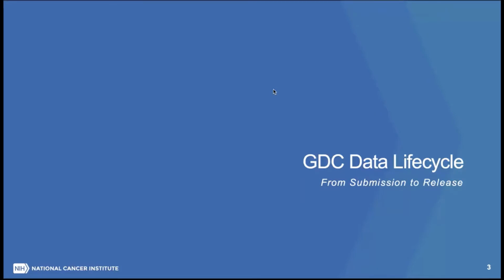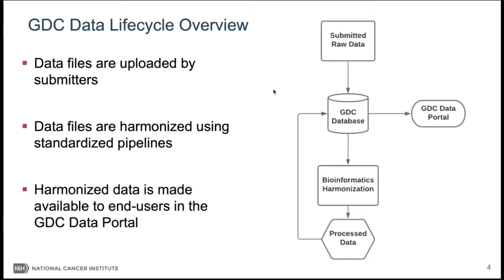So, might as well jump into it. Like I said before, the first part of this webinar is the GDC data lifecycle, from submission to release. This is a simplified flowchart for how data enters the GDC. The first step you can see on the top here is that the submitted raw data is uploaded to the GDC data portal and into the GDC database.